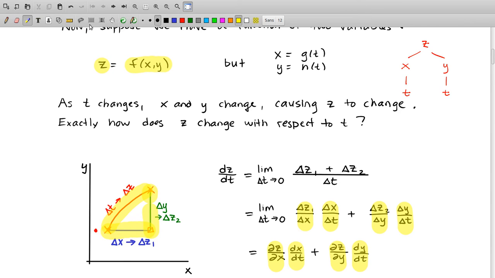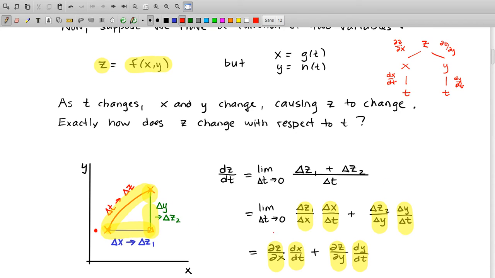You can assign to each edge of this graph a term in the chain rule formula. We have here the dz dx term times dx dt. And here we have the partial z partial y term times dy dt. And so these little tree graphs are very useful for helping you identify the correct form of the partial derivative in any given situation.